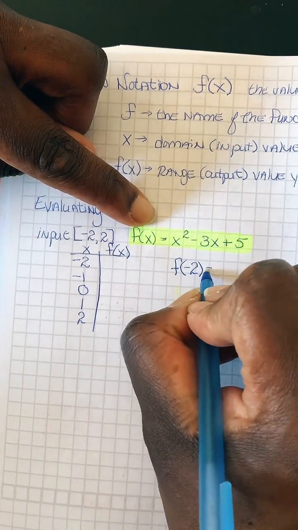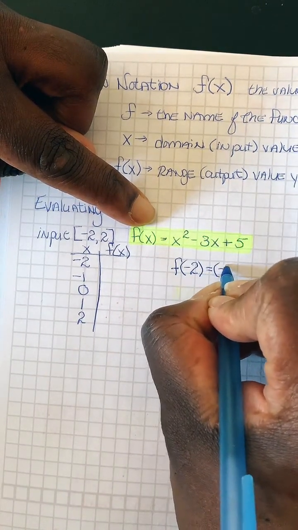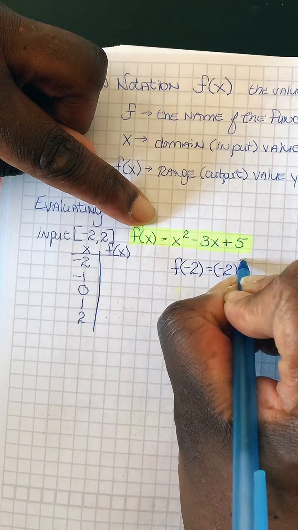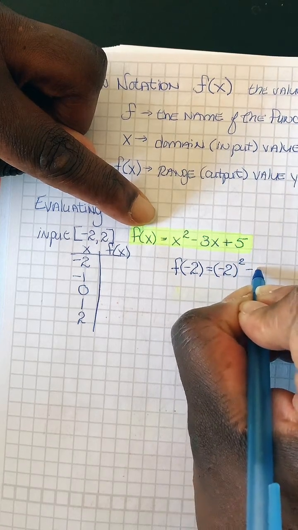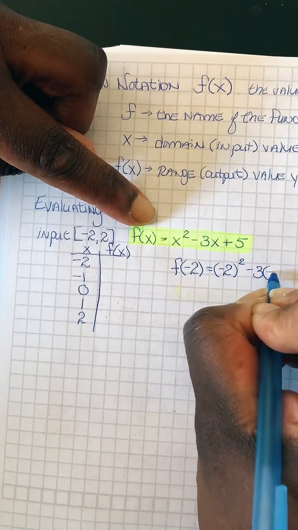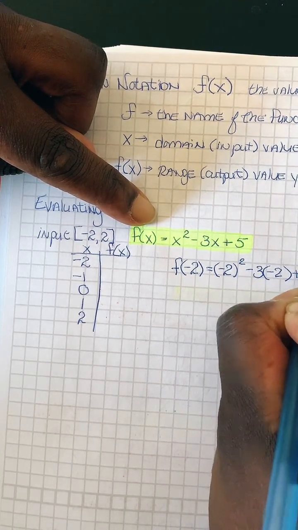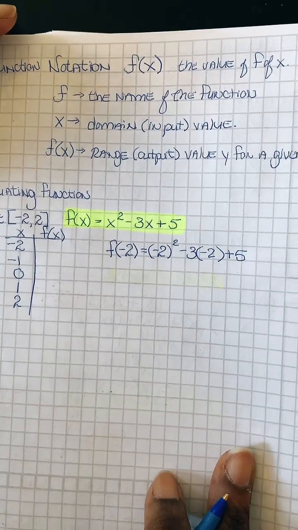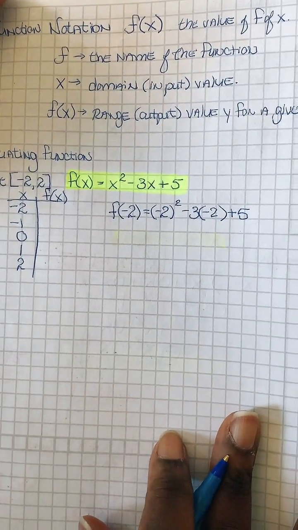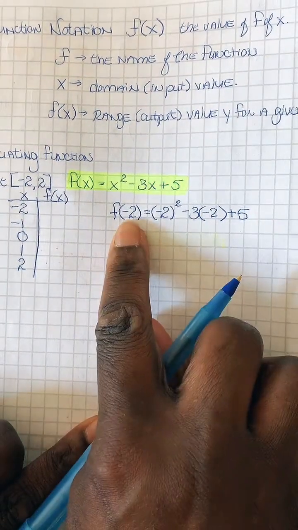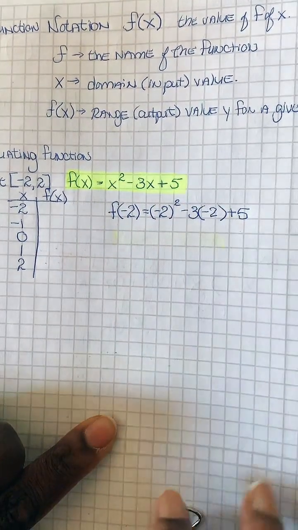So now I'm going to have -2 squared minus 3 times -2 plus 5. All I'm doing is substituting the -2's for the x's.